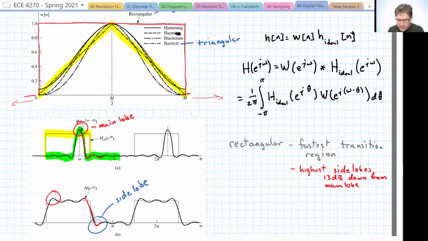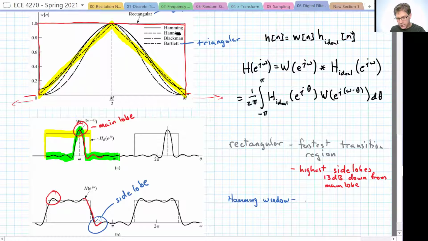On the other hand, if you go with something like the Hamming window, then you get a more gradual transition region, and in particular your main lobe is wider.